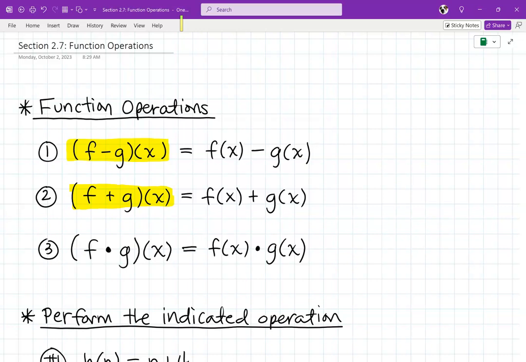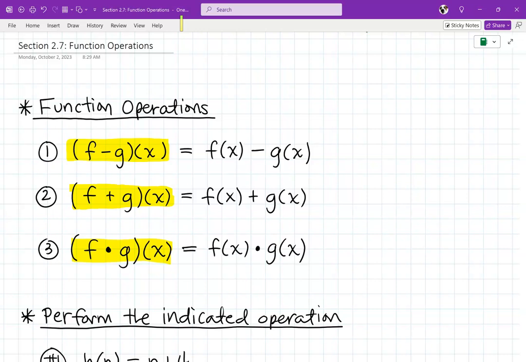And then the multiplication of f of x times g of x, they might just do f times g of x. Okay, so notice how that parenthesis x is still at the end. So they're saying of a function x, so of x. But you're either subtracting, adding, or multiplying. Okay, so just look for the notation. If you see f minus g of x, that just means subtract the two functions, f of x minus g of x.